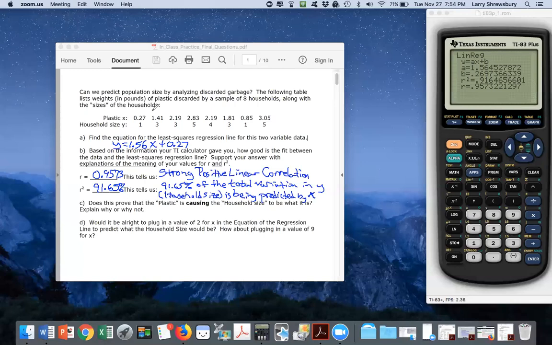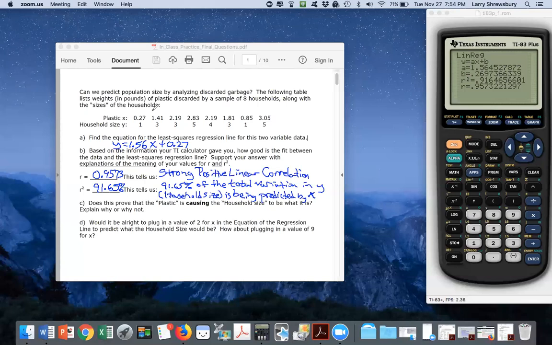If you want to prove cause, you would need to do a randomized, double-blind, controlled experiment. Well, you're not willing to go to that much trouble. Compared to that, this is easy. Just taking a random sample and observing what happens.